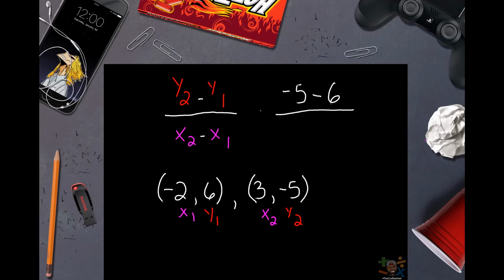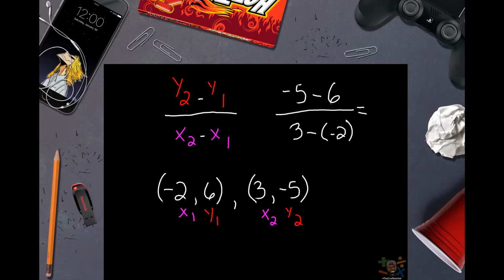Now I'm going to plug in the x's. It's x2 minus x1. My second x is 3, and then minus -2. I have to put minus and then -2. That negative in the problem will not serve as the minus sign that's in the formula.